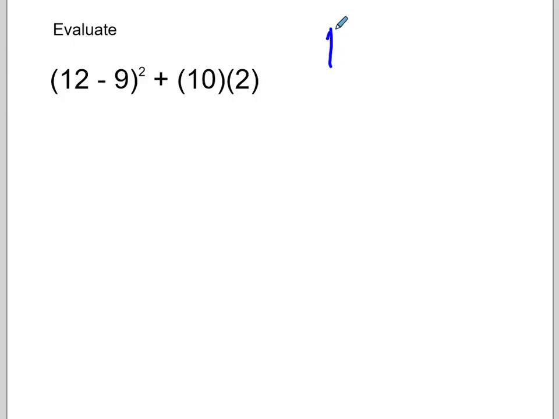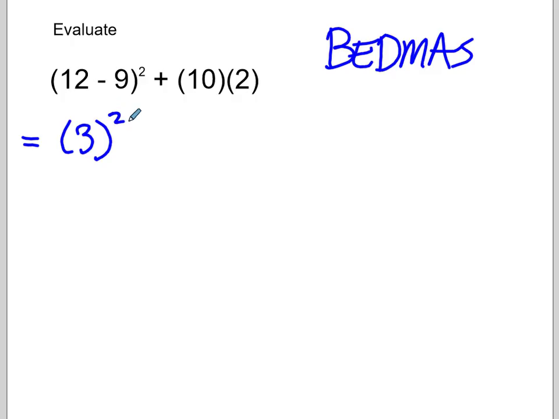Whew, this one's got lots of stuff going on in it. Okay, so we have brackets, and we do have some work to do. So 12 minus 9, I could do that bracket first. Now, some of you might be noticing, I could also multiply the 10 and the 2 on this line if I wanted to try and save some writing. But that's okay, we'll write it out.